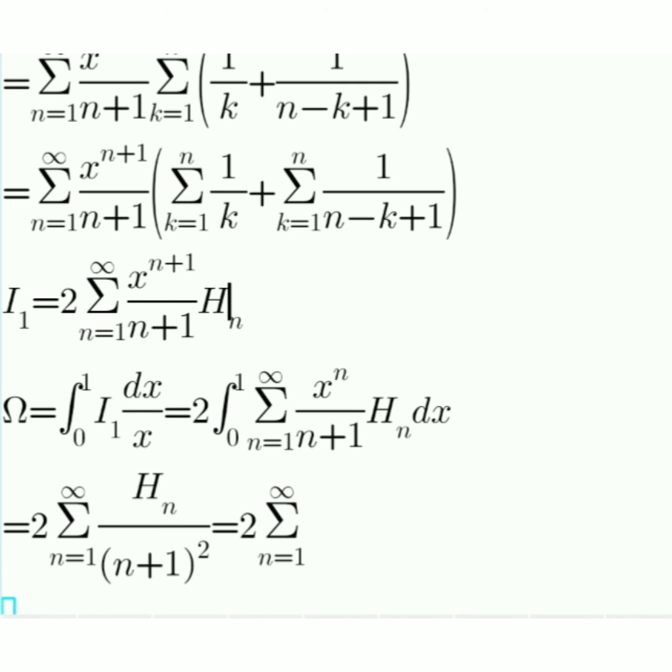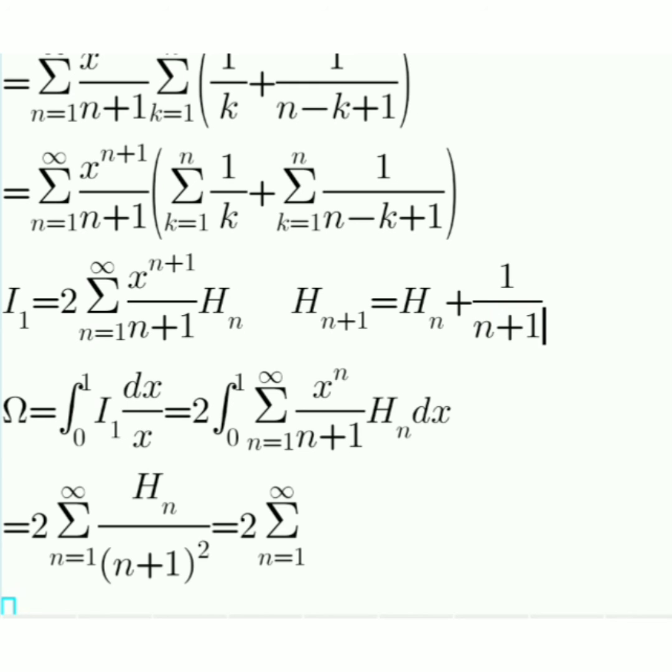Now we know the property of Hn plus 1, that it equals Hn plus 1 by n plus 1.